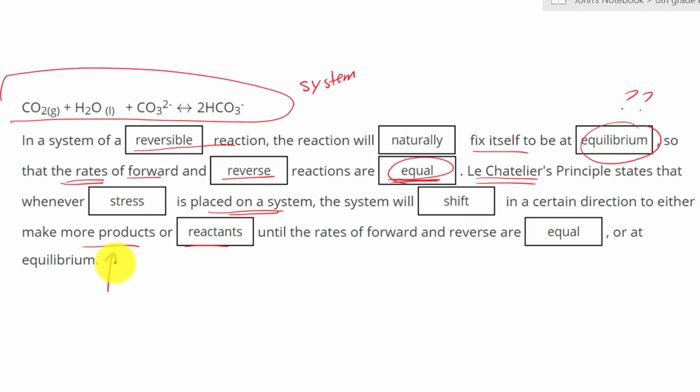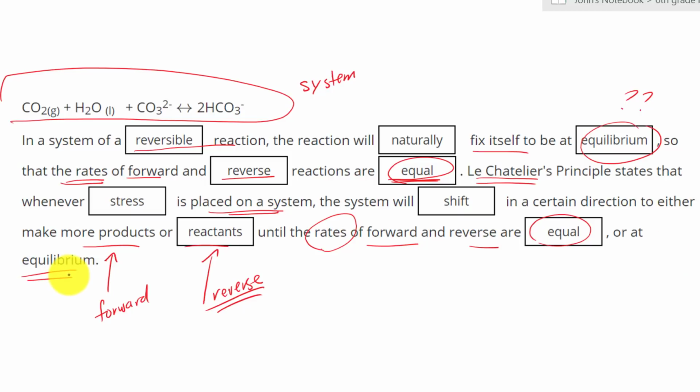So again, this is the forward reaction, and this is the reverse reaction. Keep that in mind. When we are making reactant, we're going backward. When we're making product, we're going forward. And they will continue to shift in that direction until the forward and the reverse rates are equal again, okay? And we consider this at equilibrium.